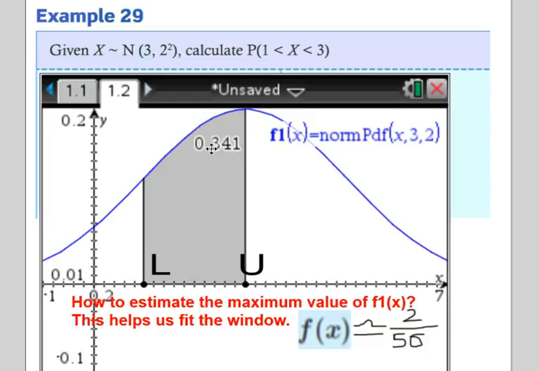And notice, if the sigma is 2, then this little formula we discovered would be 2 divided by 5 times 2, which is 0.2 on the y-axis. Now, the graph is symmetrical, so like the unit circle in trigonometry, we can use that symmetry to help us solve problems, as we'll see.